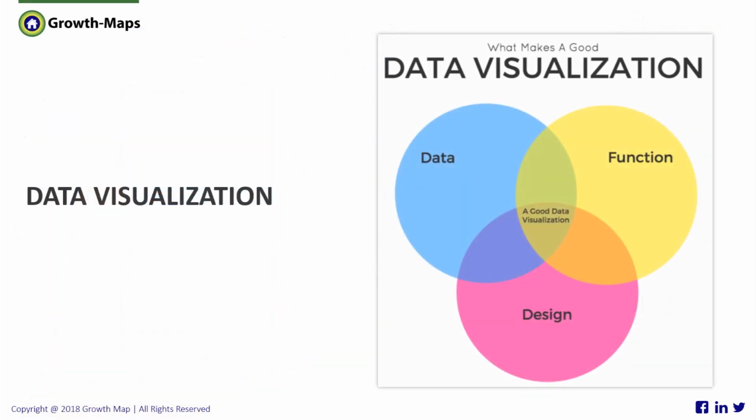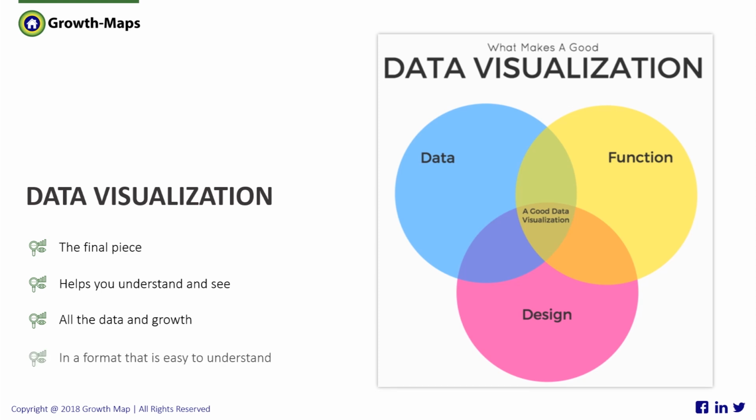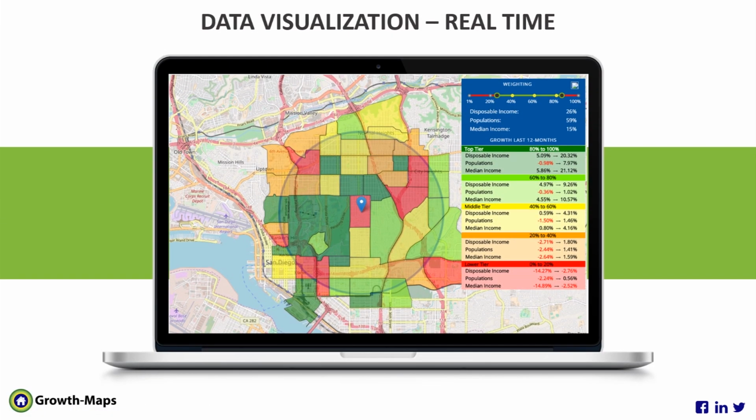Now, I mentioned data visualization, and that's really the final piece, because being able to see this visually really helps you understand how all of these things play out. You need to not only have all of this complex data, but have it in a format that is easy to understand, so that you can literally see on one of our Growth Maps areas turning red, yellow or green.